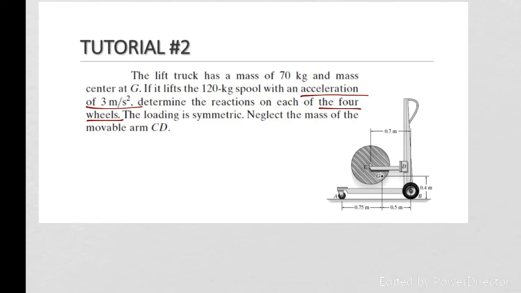Because if you look at the diagram, the 4 wheels may not be so obvious, but actually A has 2 wheels, B also has 2 wheels, so altogether it is 4 wheels.